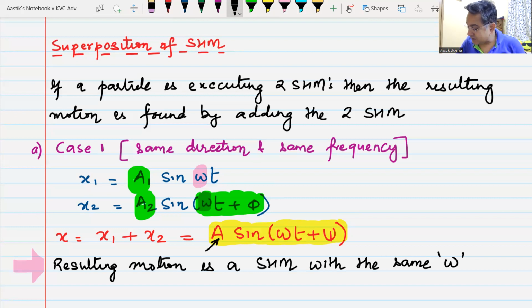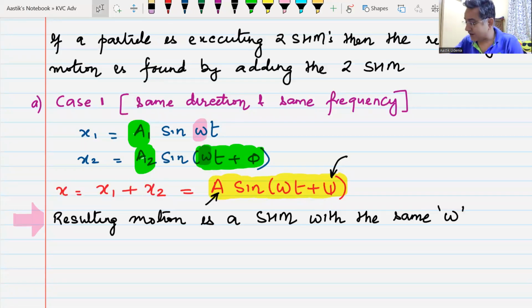The first term is the amplitude of this SHM, and the next is the value of phi. These are the two things that are unknown. How can you find out the value of this?